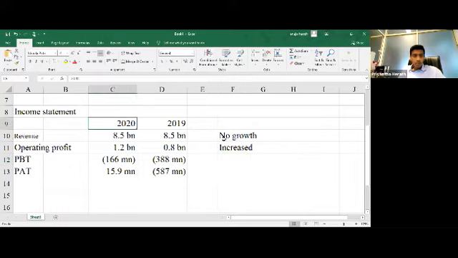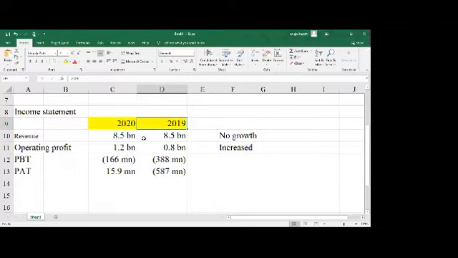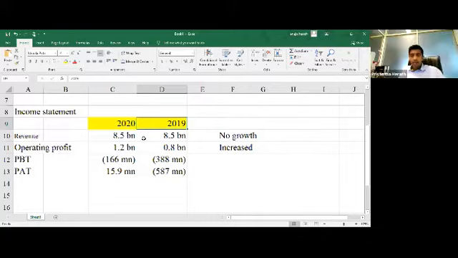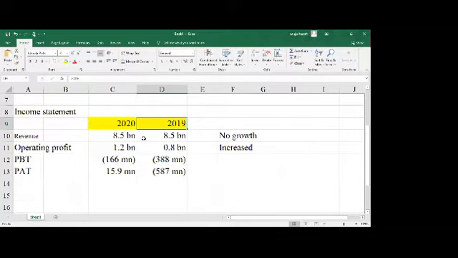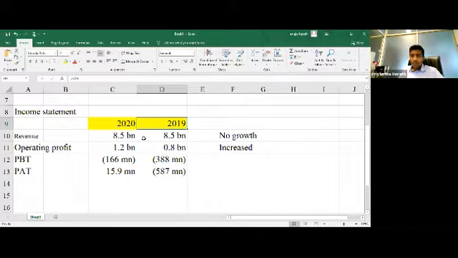So is it a usual relationship? The revenue and profits, what kind of relationship do you expect, positive or negative? Positive relationship. So the higher the revenue, the higher the profits. If you increase revenue, you can increase your profits. That's the usual, normal relationship.